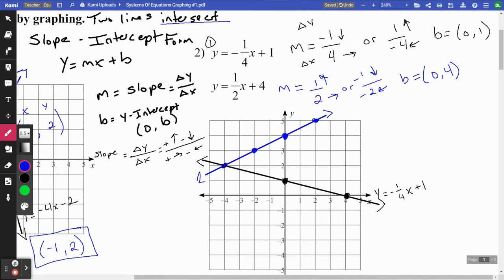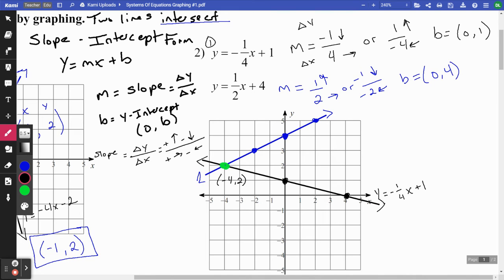And again, all I'm looking for is where does this intersect? Okay, it intersects right here, right? That is where it intersects. And so that is going to be my answer, right? At -4, +2.